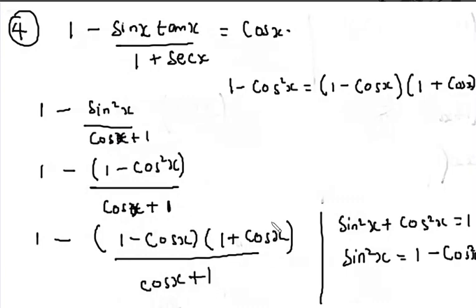So this one can actually cancel out this one. So from here we have 1 minus open bracket 1 minus cos x. Okay, so this is equal to 1 minus 1 plus cos x.